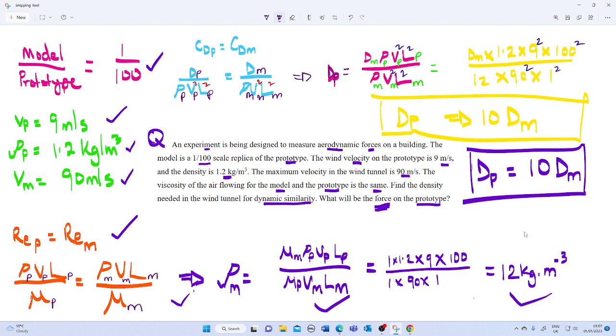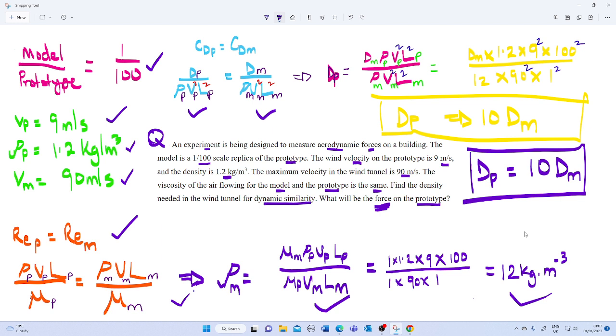Don't let us forget that the equation for coefficient of drag: CDP, that is coefficient of drag for prototype, equals coefficient of drag for model, which gives us this particular equation for both prototype and model.